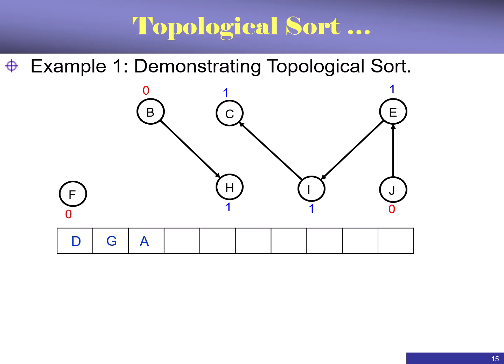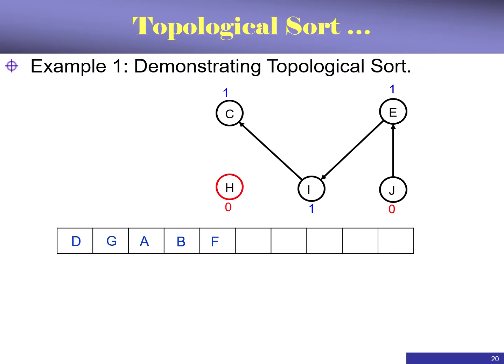Now we have F, B, J, in alphabetical order, and remove the vertex with the edge. Now recalculate. Now we have 3: F, H, J, alphabetical order. F. There is no edge from F, so it's okay.